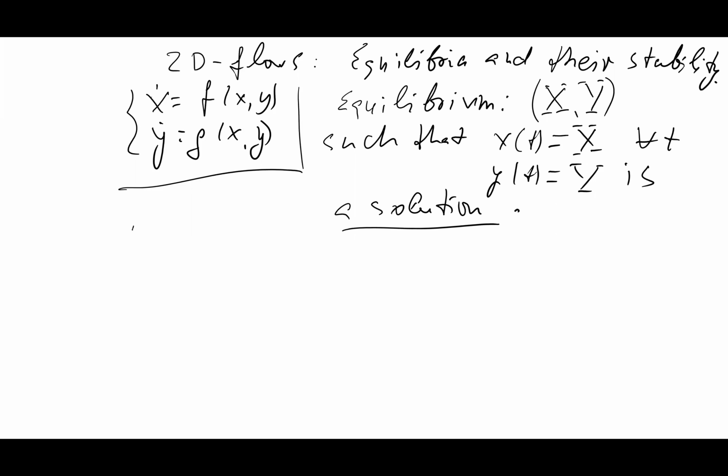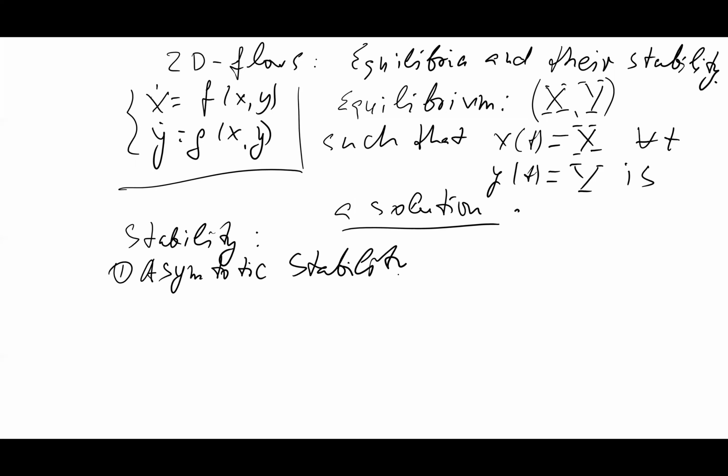And about stability now. There are two definitions of stability. First is asymptotic stability. Asymptotic stability requires convergence of solutions to equilibrium.